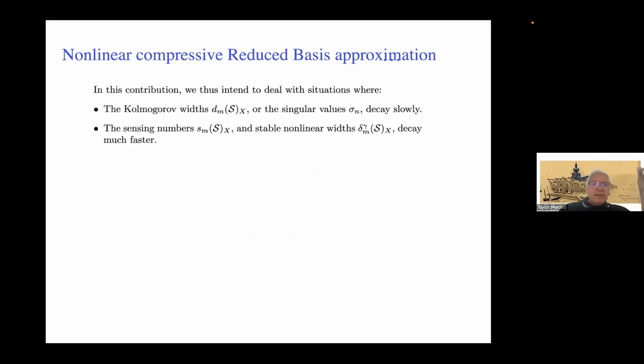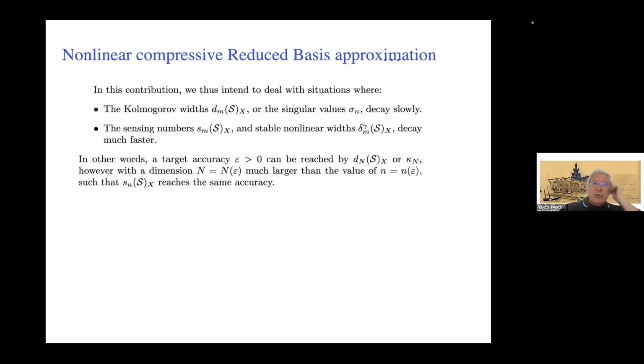So in this contribution, we will deal with situations where the Kolmogorov n-width has a slow decay, and the sensing number decays much faster. So how can we use this? For a target accuracy, we will need a large number of POD functions a la Kolmogorov in order to approximate the solution with an accuracy of epsilon.